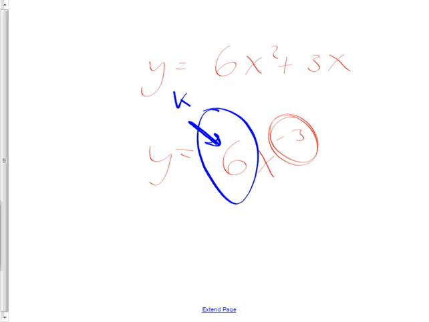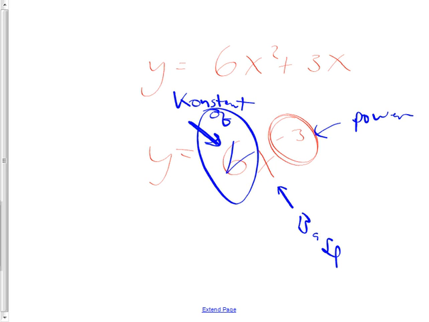It's almost like we're Russian or something. The constant of variation. So that's the k. This is simple. That's the power. And I guess you could call that the base. And it's the constant of variation. It's spelled with a C. It's just that they use the letter k a lot of times for that constant of variation.